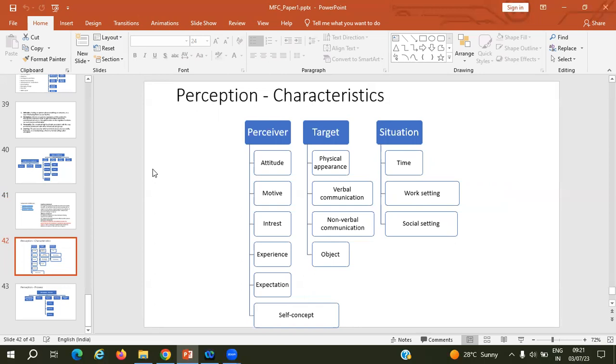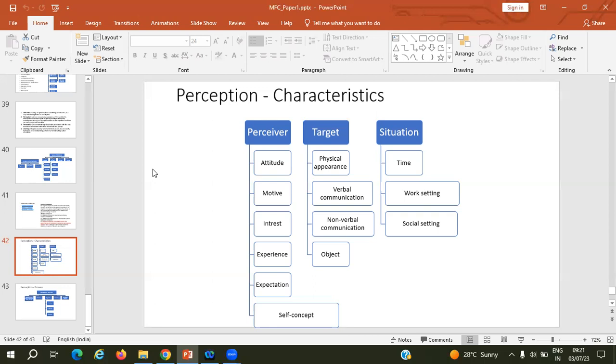In attitude, suppose you are thinking something, you have an attitude. So it will reflect in your life in the long run or short run, but perception will not reflect. For example, once you read or understand what is perception, you can understand.